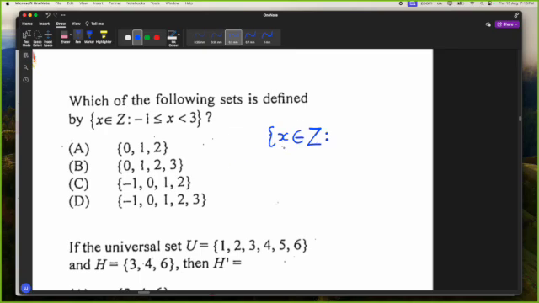So it is the set of integers such that those numbers are between -1 and 3, but they include the -1, but they do not include the 3. So that would be -1, 0, 1, 2, and you're not including 3. So -1, 0, 1, 2, that's part C.